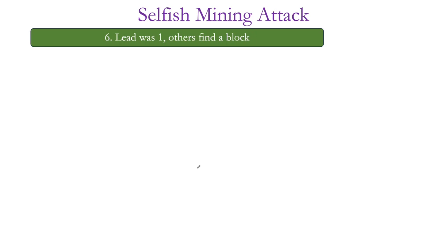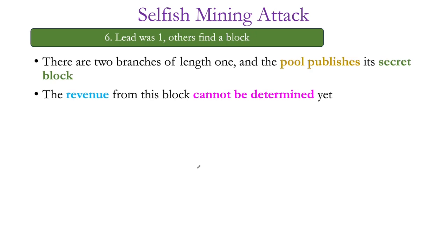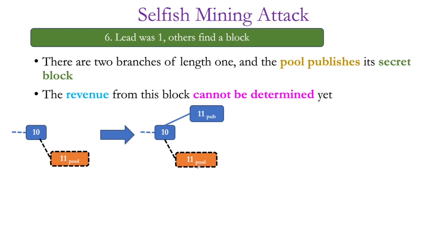Now suppose there are two branches of length one, one public, that means the honest miners, and one from the pool miners, the colluding pool miners. Both have a branch length of one, and the pool publishes its single secret block.